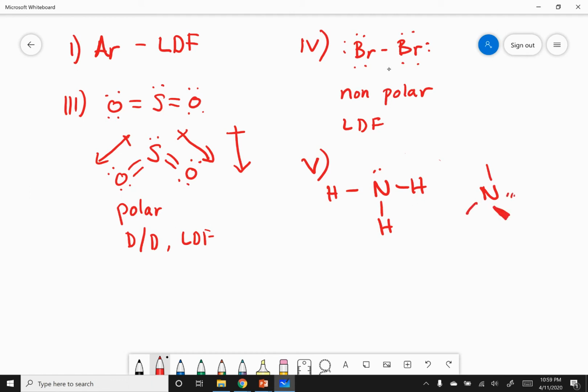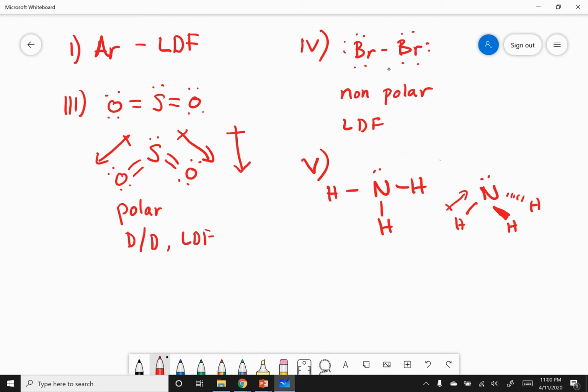So that means our electronic geometry is going to be tetrahedral. But our molecular geometry, once we put our lone pair on there, is going to be trigonal pyramidal.